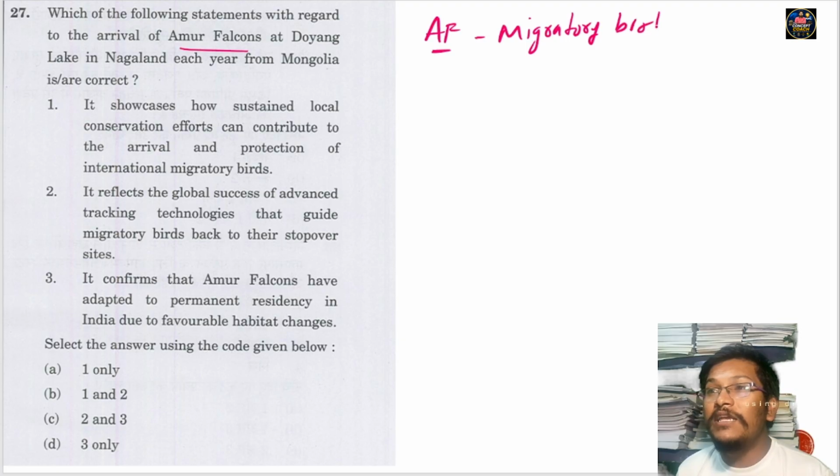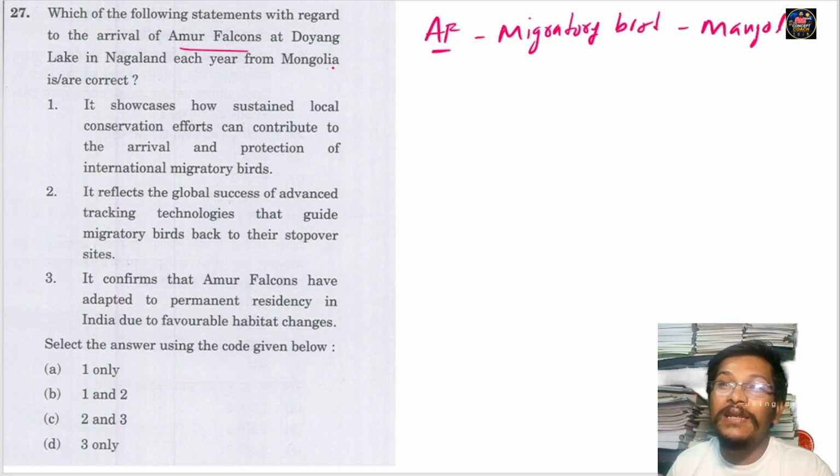It inhabits Mongolia and starts its journey from Mongolia. These birds come to Doyang Lake in Nagaland, in our Indian state, every year from Mongolia. Now we will study the three statements given here.